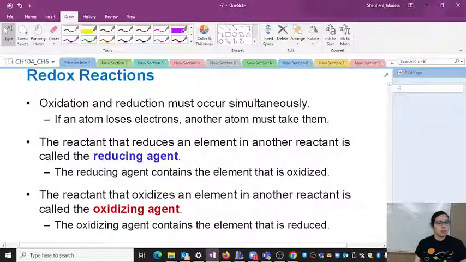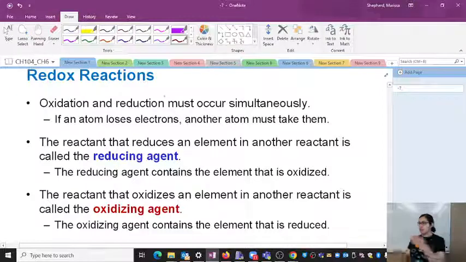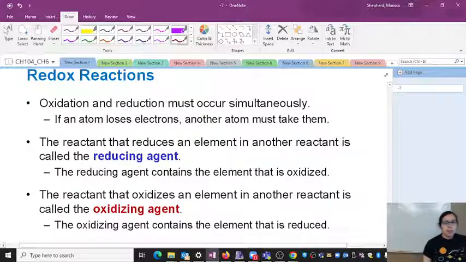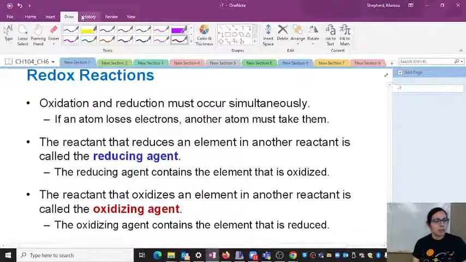And then other terminology. These oxidation reduction reactions occur simultaneously. So sodium is handing off its electron to chlorine all at the same time. We can also say that the reactant that reduces an element in another reactant is called the reducing agent.